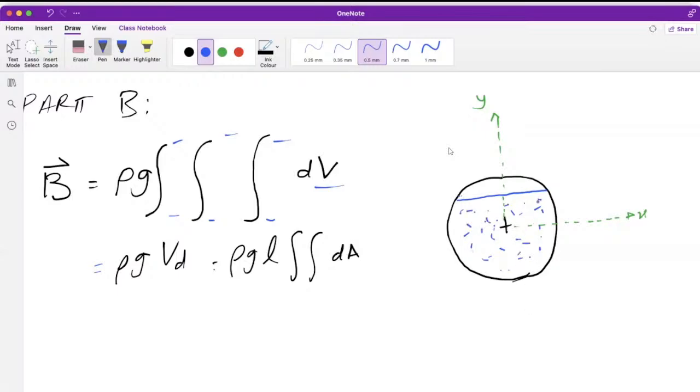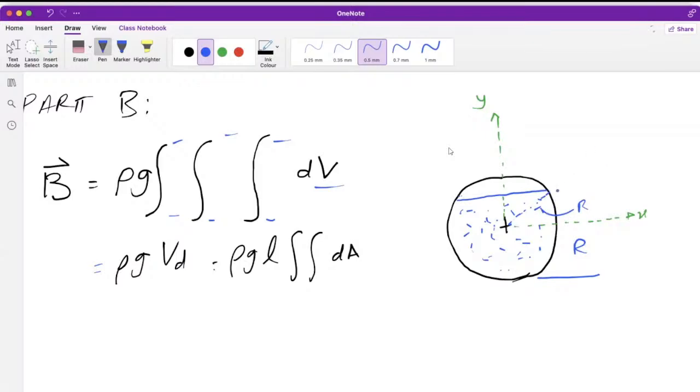And the idea here is how are we going to integrate this? Before that, we just define. So we know R. So this is R. And R is also the radius here.